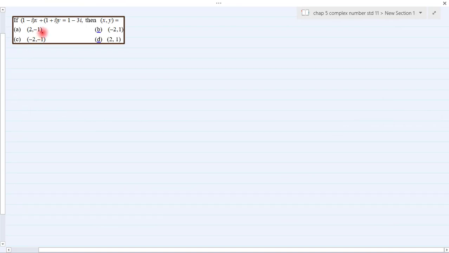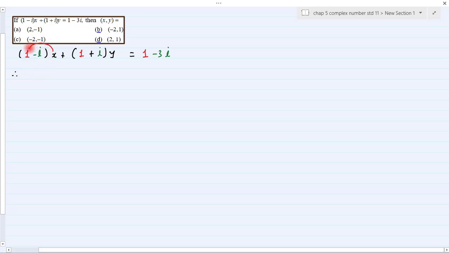In this question, we have an equation with the complex number. Our equation is (1 minus i) into x plus (1 plus i) into y is equal to 1 minus 3i. Now, let's simplify our equation by opening all the brackets.